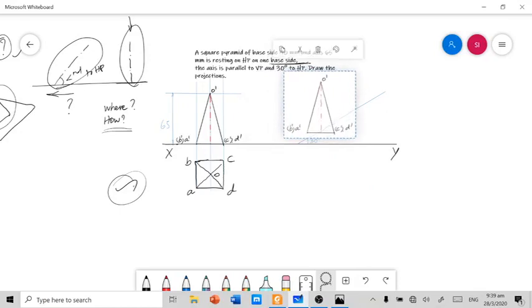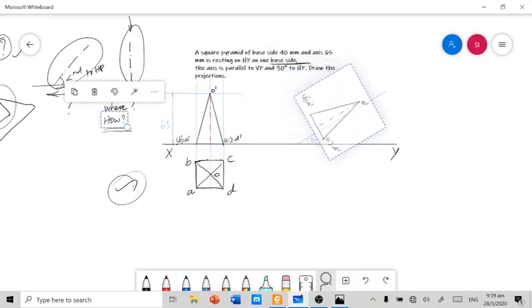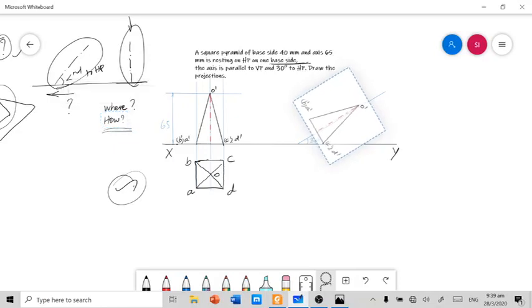So I need to make the axis in line with the pilot line, and in the meantime I have to ensure that one of the base edges touches the XY line, in order to make the solid rest on HP by one of its base edges. Yeah, approximately I did, I think. Yes.